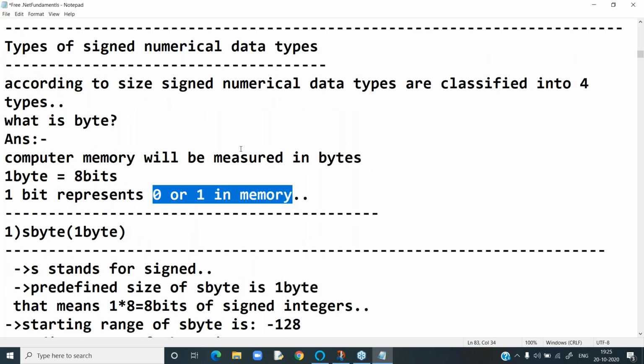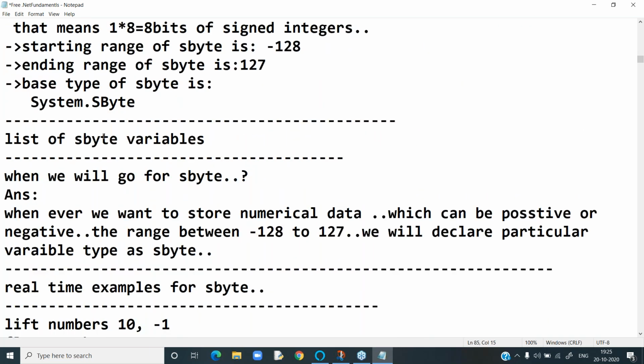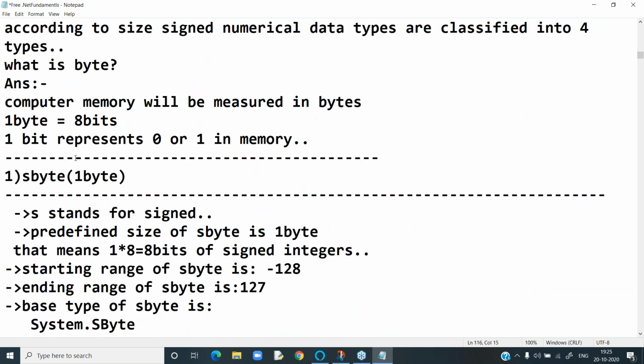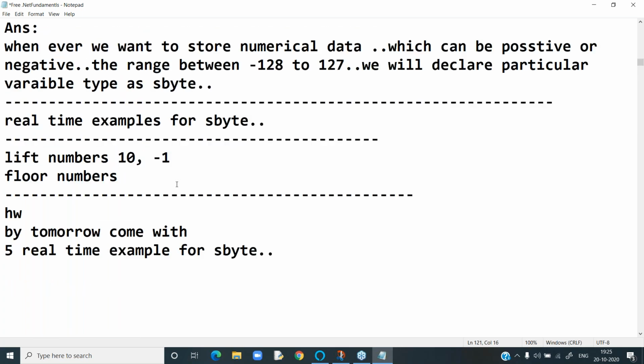According to the sizes, signed numerical data types are classified into 4 types. Number 1, sbyte, and number 2, short. Sbyte is 1 byte, short is 2 bytes, int is 4 bytes, long is 8 bytes.